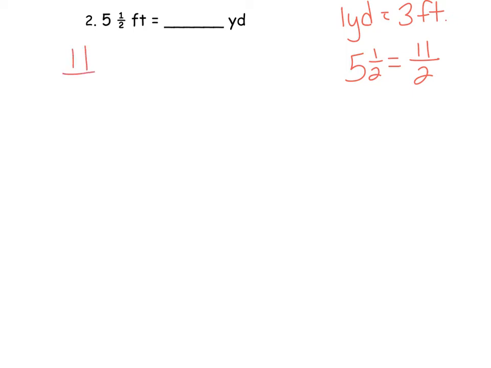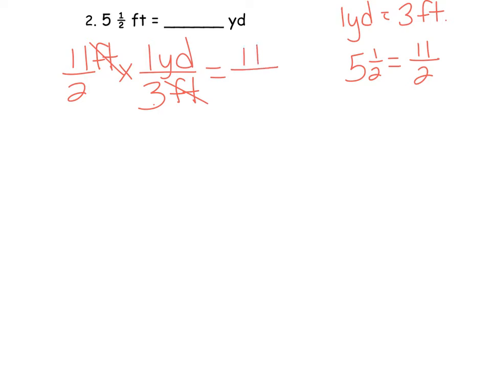So 11/2 feet times, well, I've got to have feet in the denominator, so that's 3, and my yards in the numerator, which is 1. I'm going to cancel my units. Can I simplify? Can I do 11 divided by 3? No. Can I do 2 and 1? No. So it's already in simplest form. 11 times 1 is 11, my numerators. 2 times 3 is 6, my denominators. And then we know it's yards.